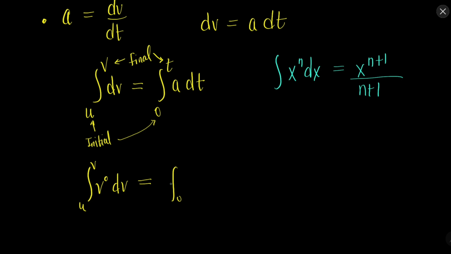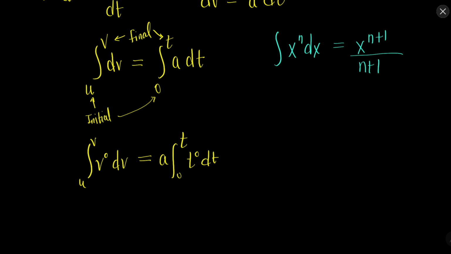Similarly here a is constant, so it will come out. Remember we are doing it for the case of constant acceleration, so the value of a is constant, and a constant comes out every time in integration and differentiation. Now again t to the power 0 dt, same as v to the power 0. Why t? Because here we are integrating with respect to time.